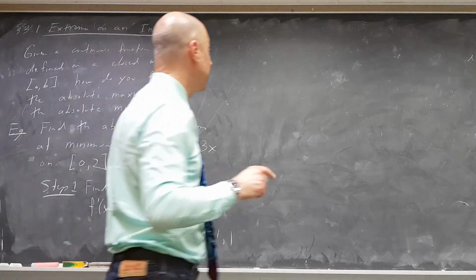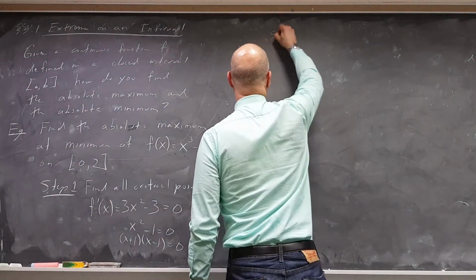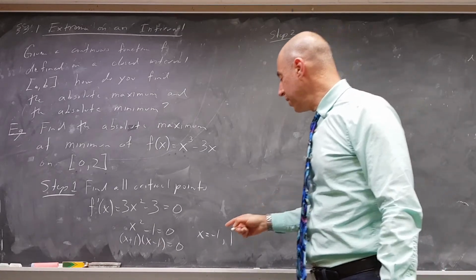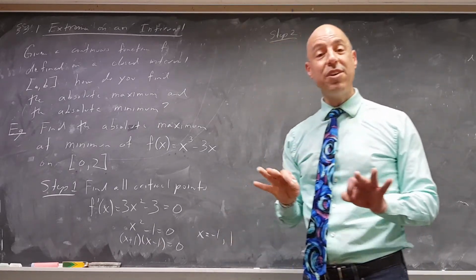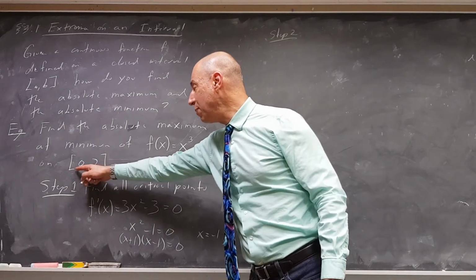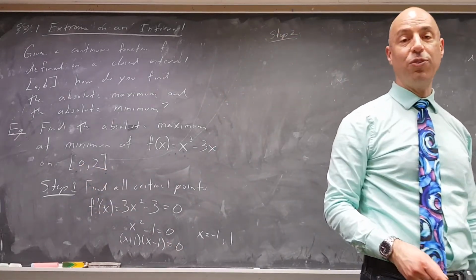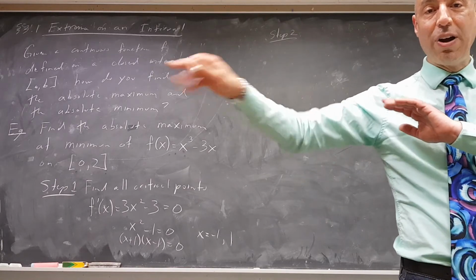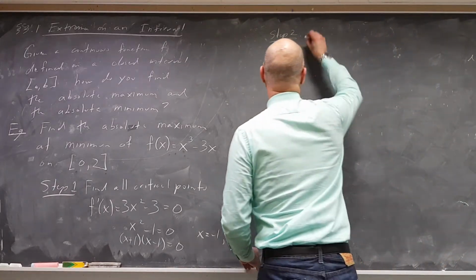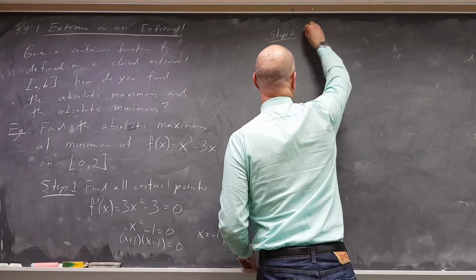Step 2. Discard all the critical points which are outside your interval. You don't care what happens in this problem except between x equals 0 and x equals 2. You don't care what happens to the left of 0, and you don't care what happens to the right of 2. So discard all critical values outside the interval.